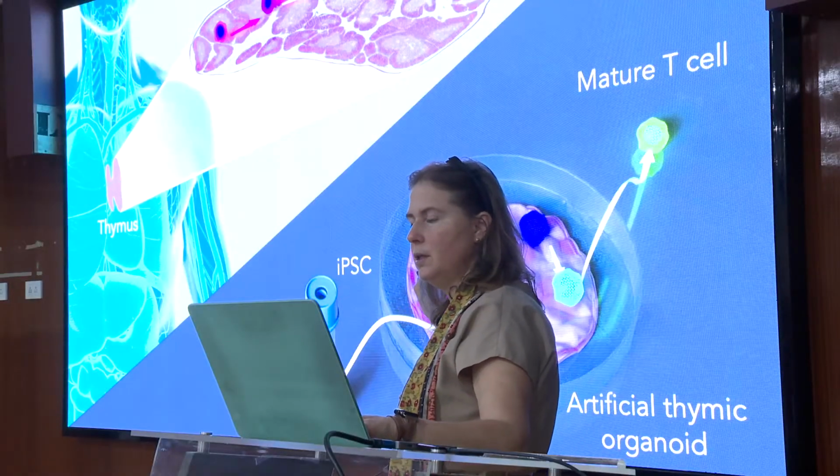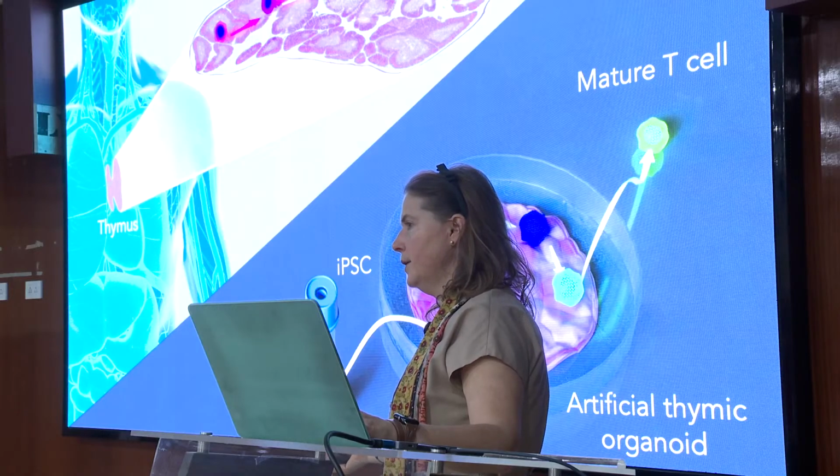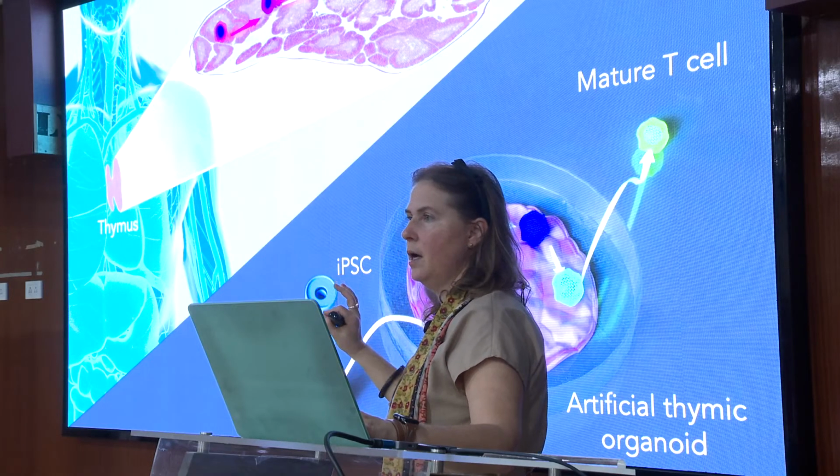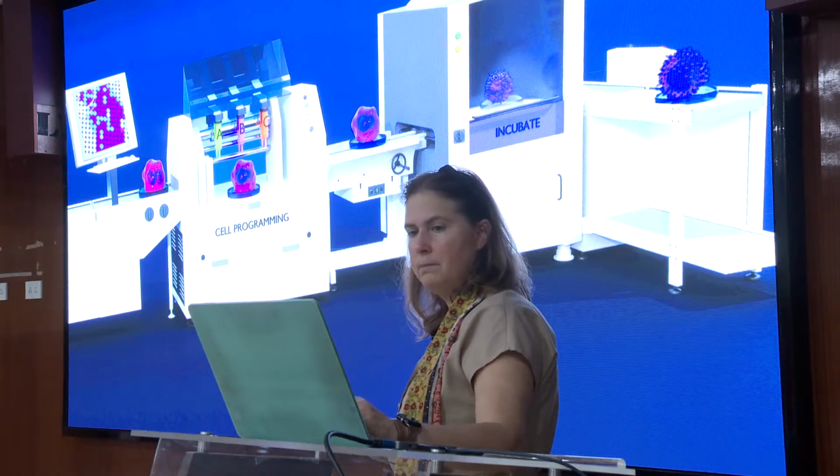That's the current status of using the in vivo human cell atlas data for better engineering of cells in the dish and precision design of protocols for making iPS-derived cells and for making organoids.